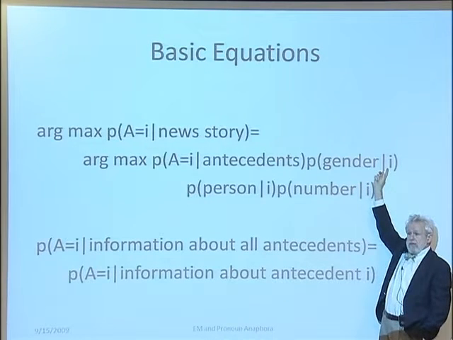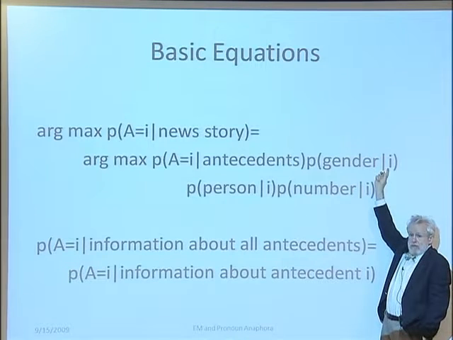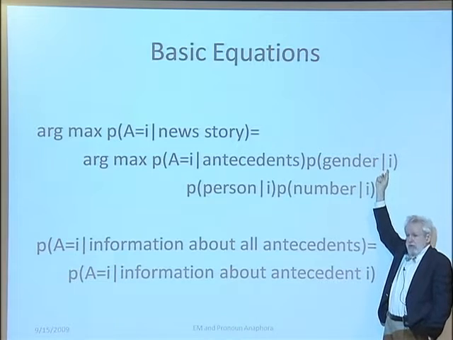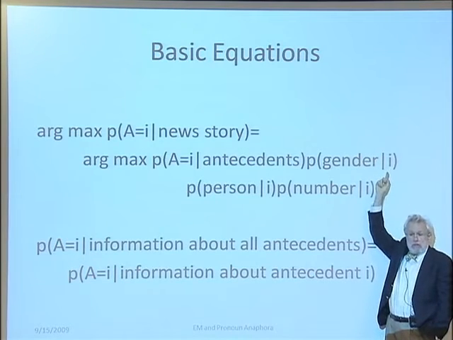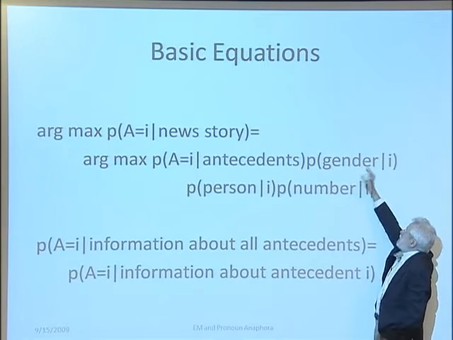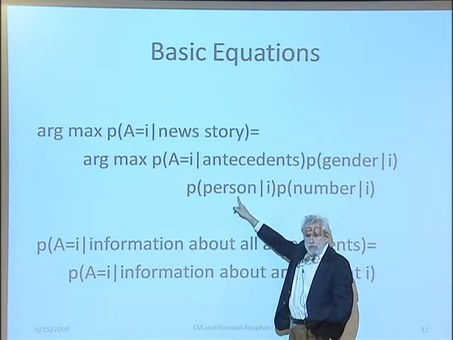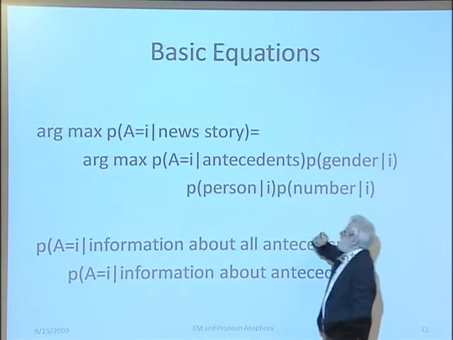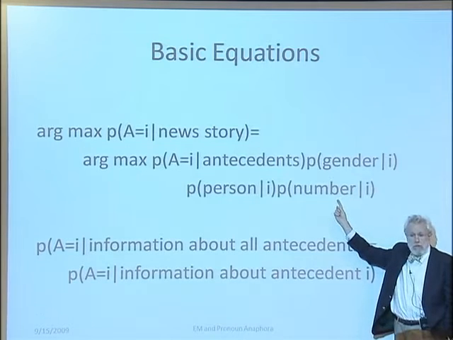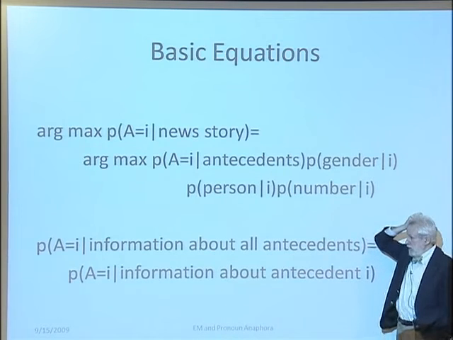Of course, again, you don't know a priori that Mary is female. All you know is that Mary will have a gender, and you've got to figure out what that gender is. But if you figured it out, then you generate the gender based on the antecedent. You generate whether it's first, second, third person based on the antecedent. And you guess, is it singular or plural based on the antecedent. Okay?